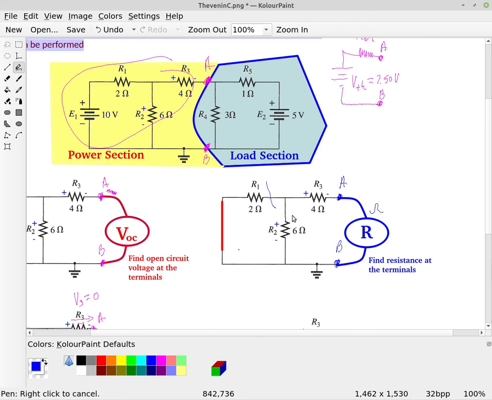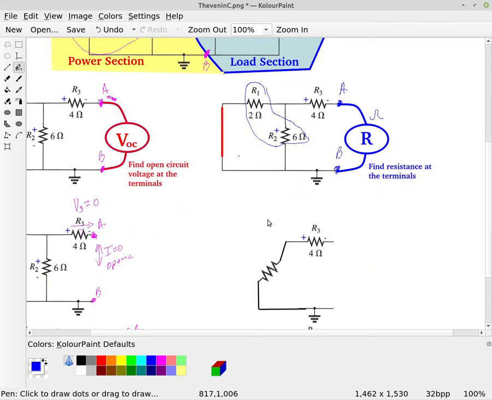When we do that, we have R1 in parallel with R2. So our parallel combination R12 is equal to 1 over 1 over 2 ohms plus 1 over 6 ohms.